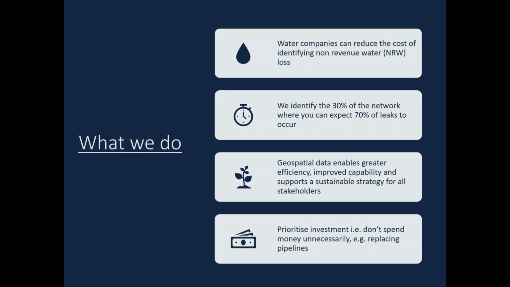Now, utilities have different states of maturity. Some utilities have a very low non-revenue water, so less than 10%, which is fantastic. And the business driver there is purely to maintain that level of water loss. Conversely, some utilities have in excess of 50%.